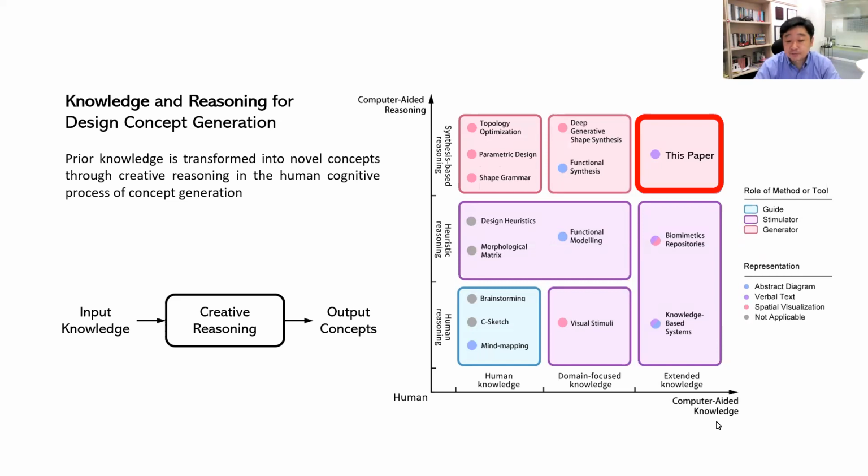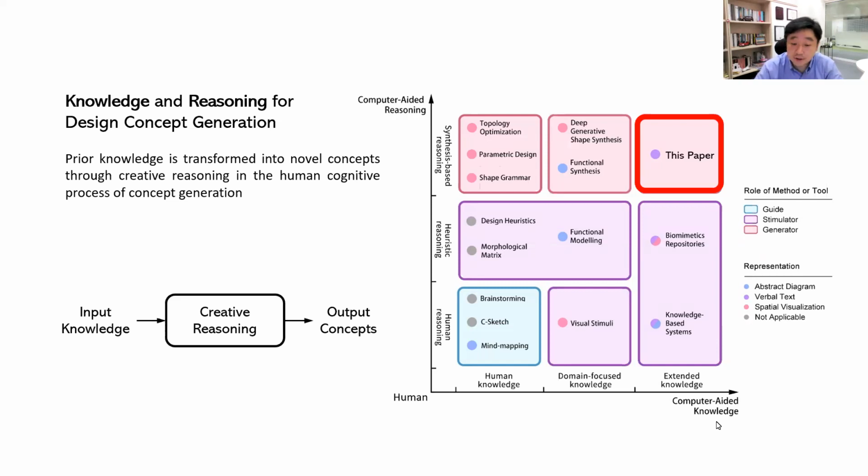That means the knowledge and the creative reasoning logics are both important for design concept generation. Based upon that, we developed this taxonomy to categorize and classify different design concept generation support methods and tools according to the extent to which computers have been used to augment reasoning and knowledge in concept generation.